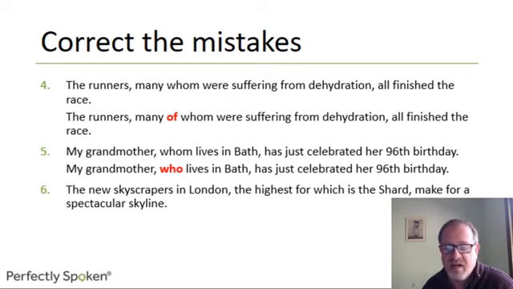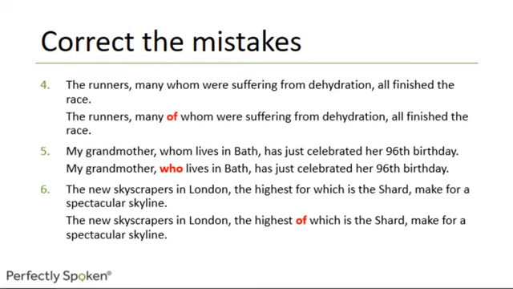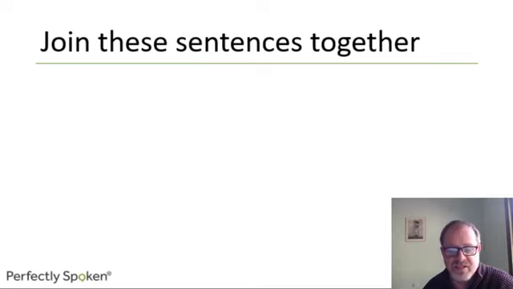The highest is the Shard, and of course it's the highest of which is the Shard. So the new skyscrapers in London, the highest of which is the Shard, make for a spectacular skyline.